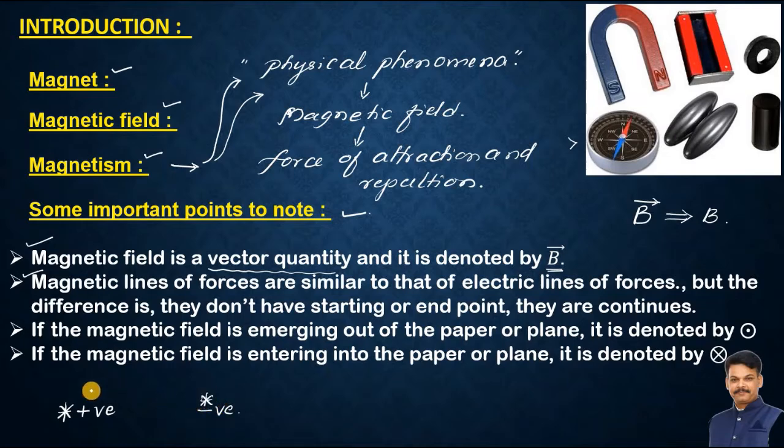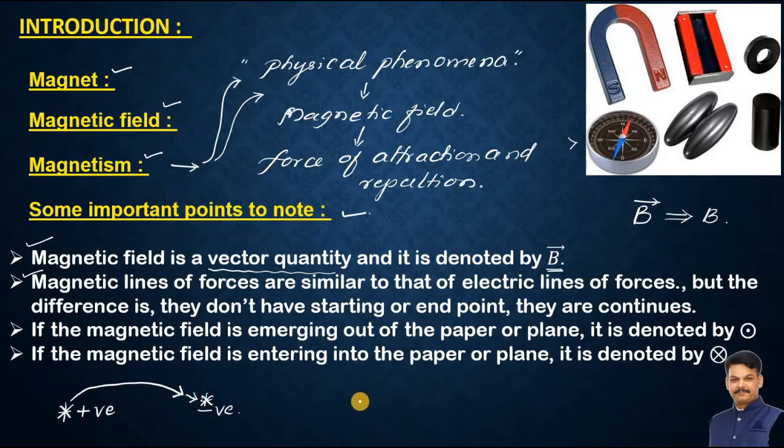There was no continuation of the electric field lines from the negative charge back to the positive charge. Just to recall what we have learned.